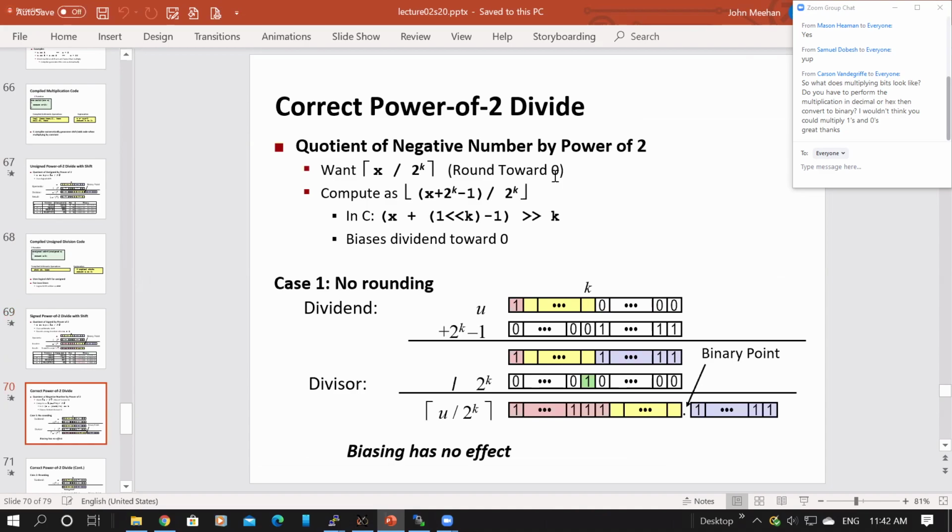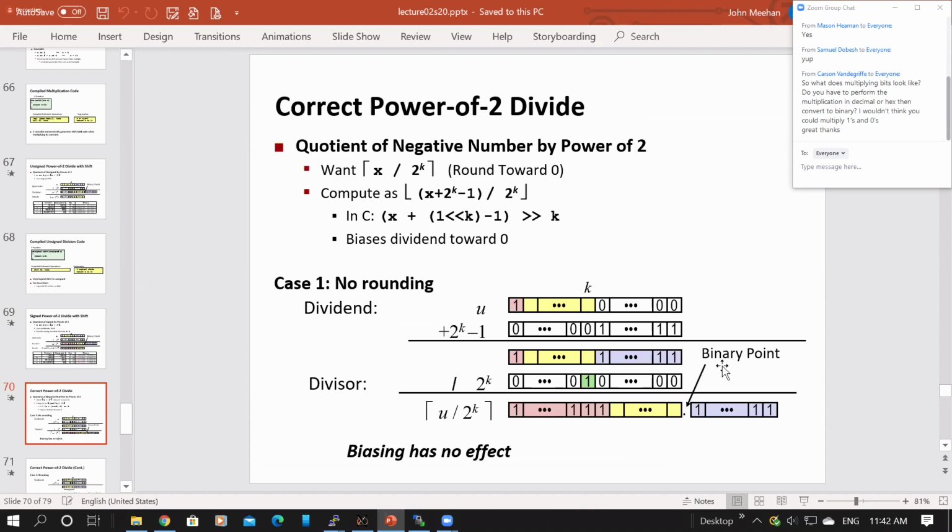So how do we get that? Well, the trick is before you do the shift, you add a bias of all ones in. If I'm going to shift k positions, I take k minus 1 positions over here, put all ones in it, and add that to the thing. And then if that would have caused a carry to happen over here, I've sort of preloaded what the rounding should look like to round towards zero.